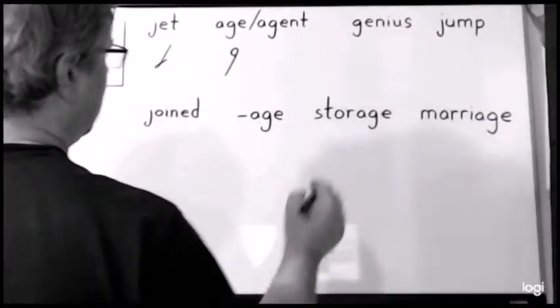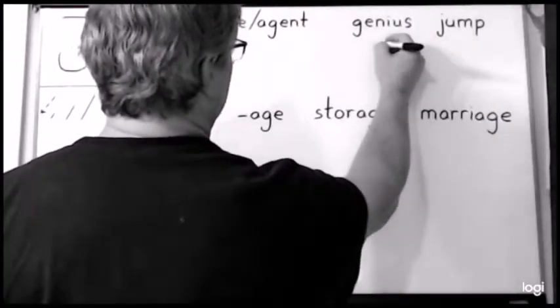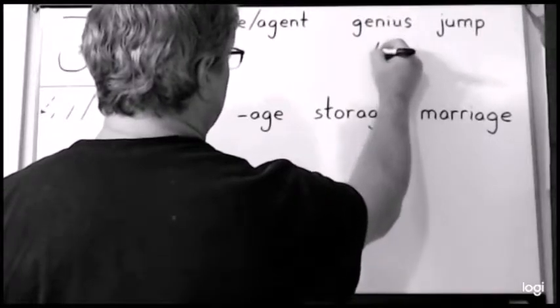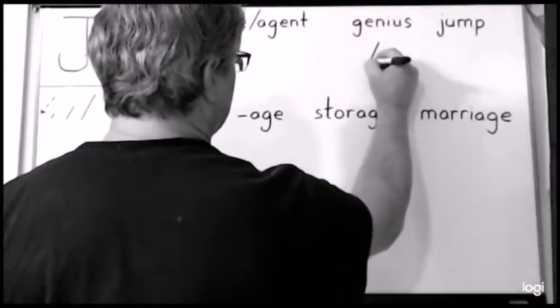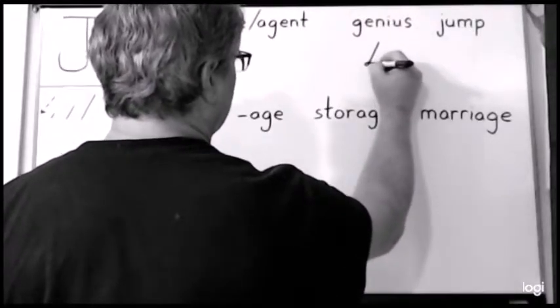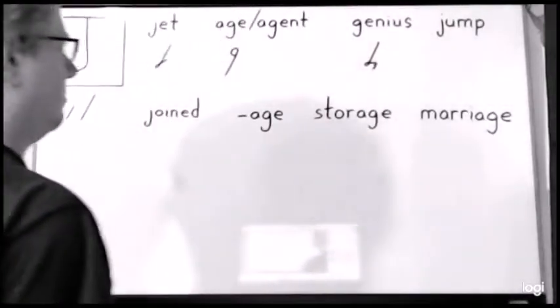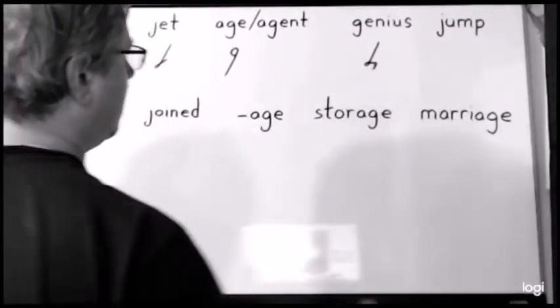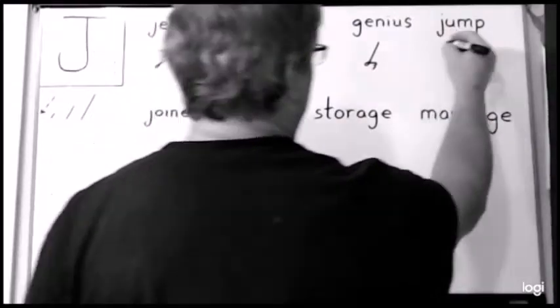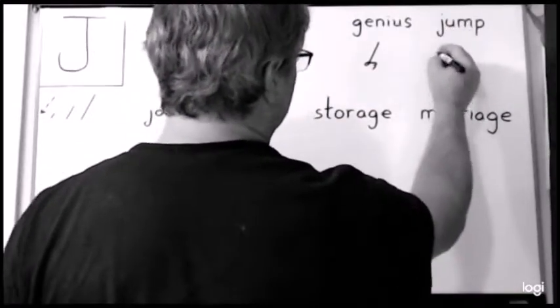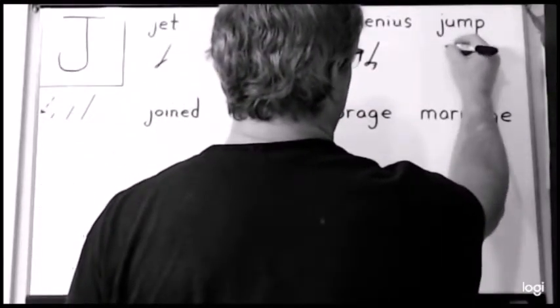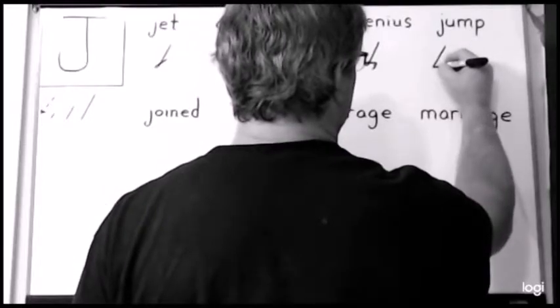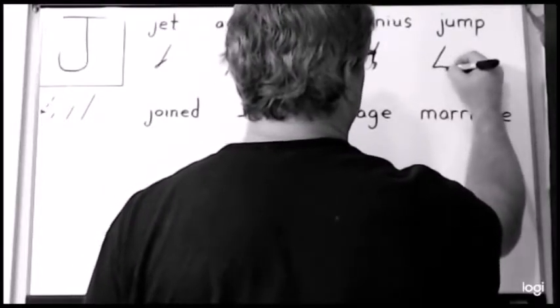For the word genius, we're going to write the J, E, N, U, S. For the word jump, the U is understood here, so we're just going to write the J, M, P.